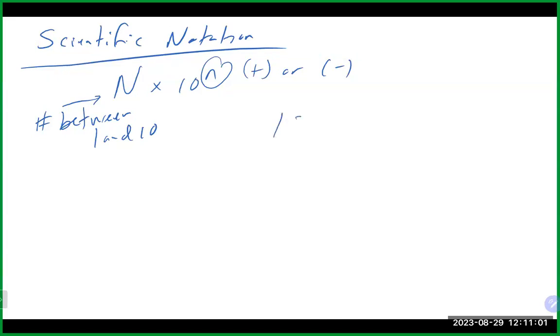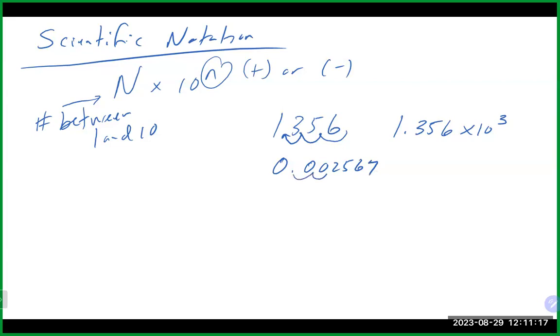So if we had 1356, we would go 1 place, 2 places, 3 places, 1.356 times 10 to the 3. If we had a number like this, 0.002567, we go 1, 2, and 3 places, gives me 2.567 times 10 to the minus 3.